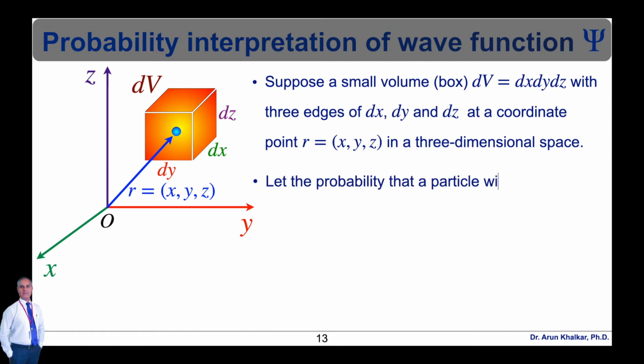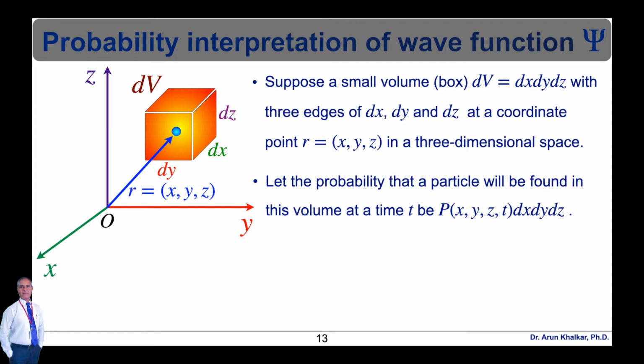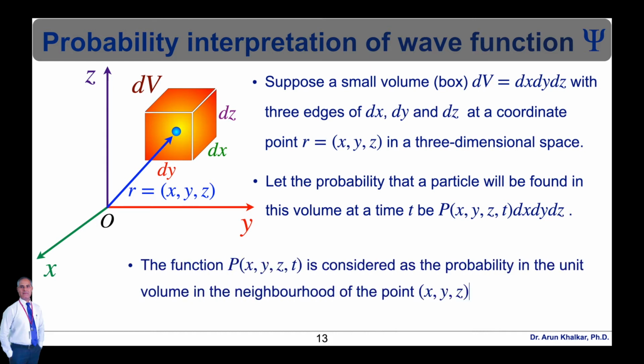So as shown in this diagram, let the probability that a particle will be found in this volume at a time t be p of x, y, z, t into dx dy dz. The function p of x, y, z and t is considered as the probability in the unit volume in the neighborhood of the point x, y and z, and is sometimes called the probability density.